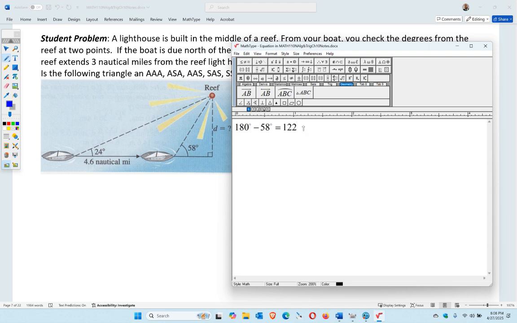That's 122, right? Which gives us this angle right here. Okay, so format, color, blue. And then 180 minus 24 minus 122 is going to be 34, which gives us this angle right here, the non-right triangle.